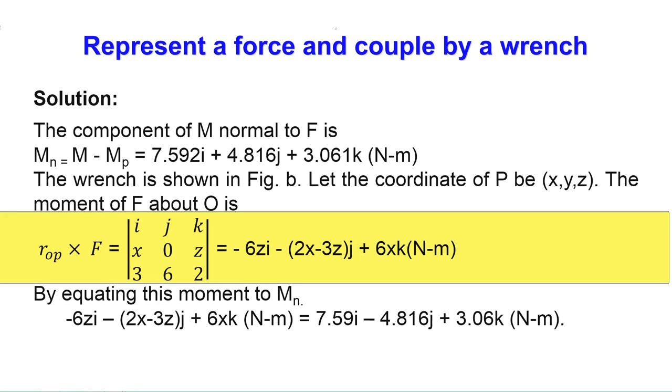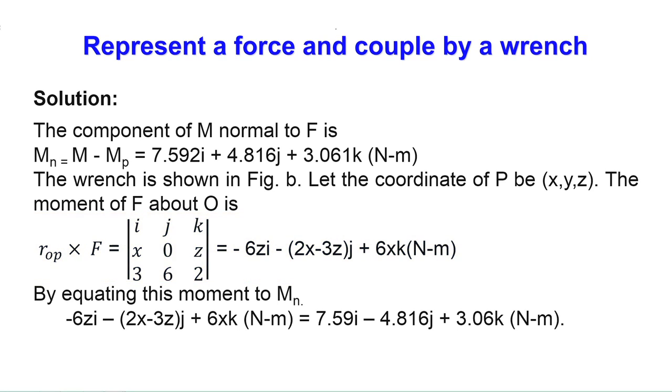Here the unknowns are x and z, because we do not know the point of application of F. So, we have the condition that this should be equal to the normal component. Normal component Mn we have already found out.